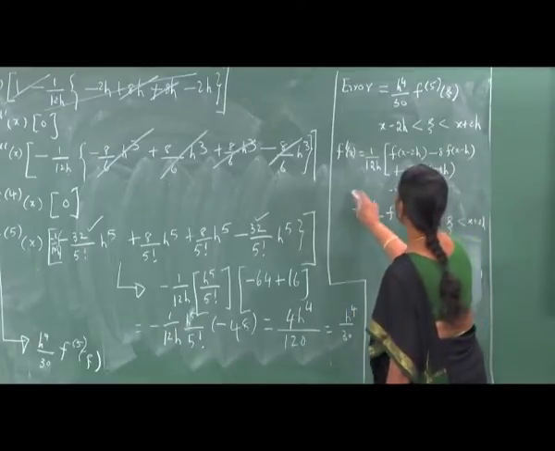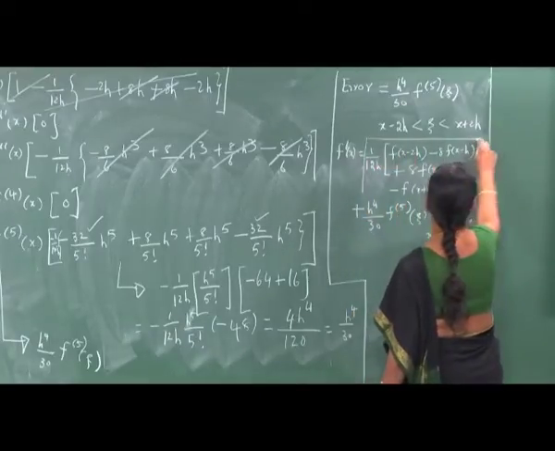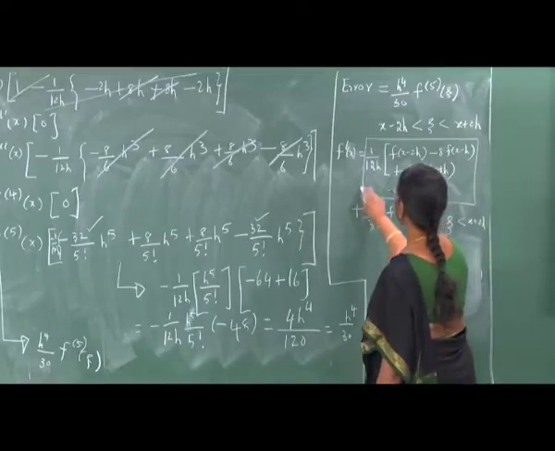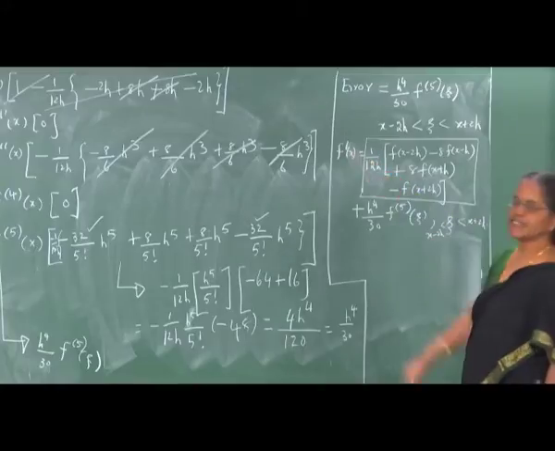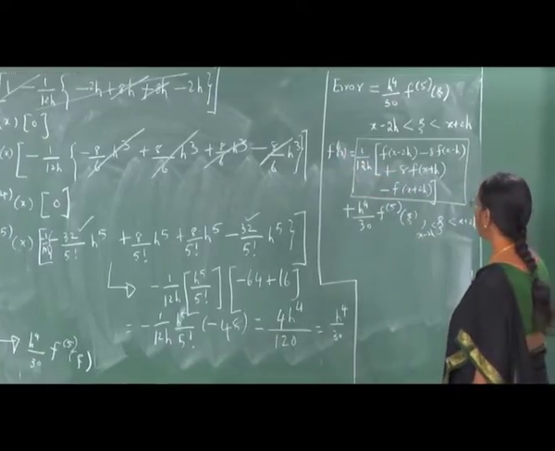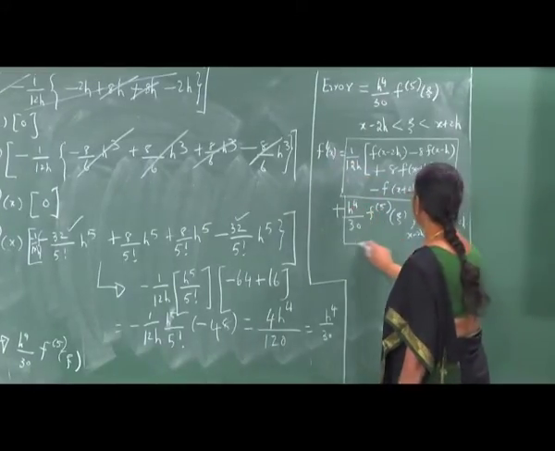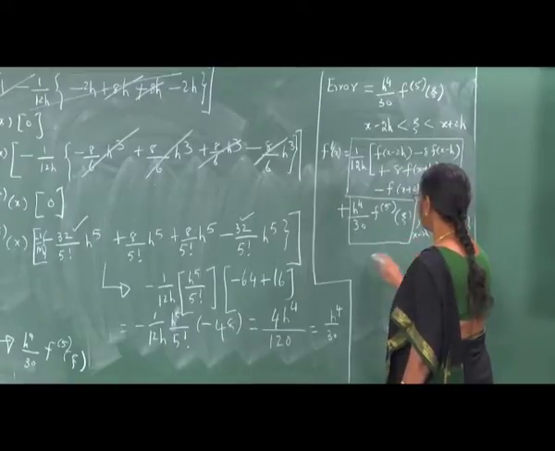So, f prime x can be estimated in terms of the values of the function at these points, which will be given to us in the table of values, and the error term is given by this expression.